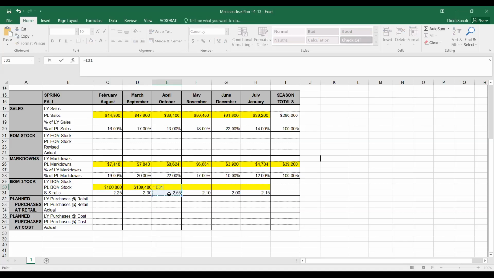So stock to sales ratio times planned monthly sales for that particular month. Please check my answers if they're correct or not.